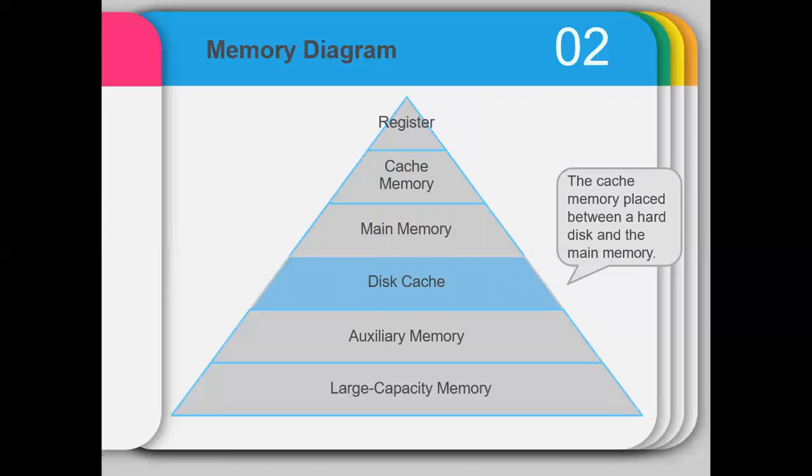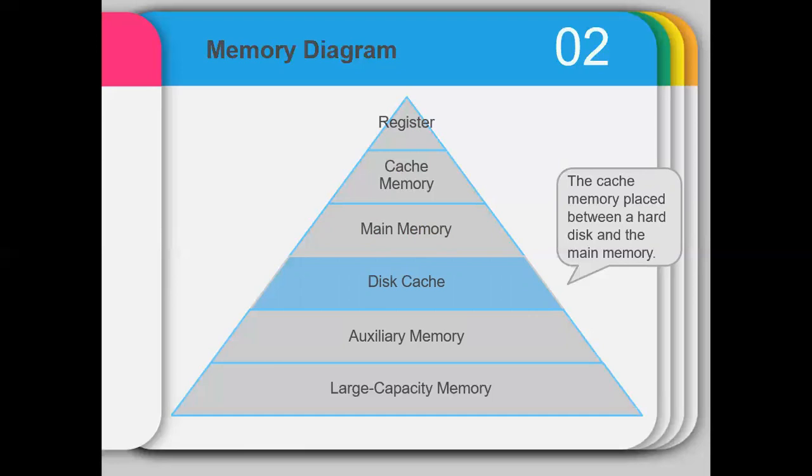So it takes more time to perform read and write tasks. Compared to that, primary memory is much faster than secondary storage. So this disk cache will act as a temporary storage and will function faster between the memory and the hard drive.